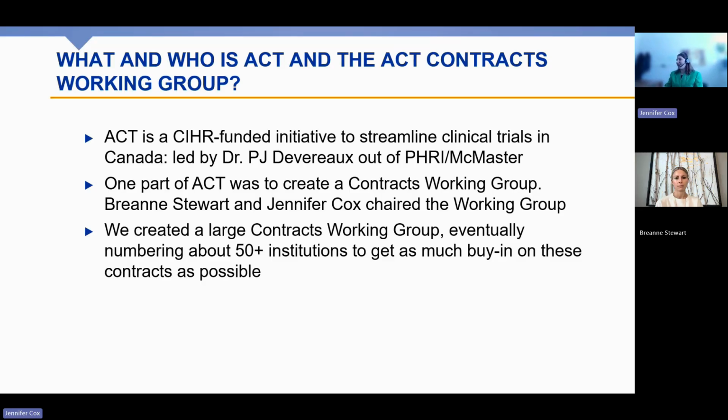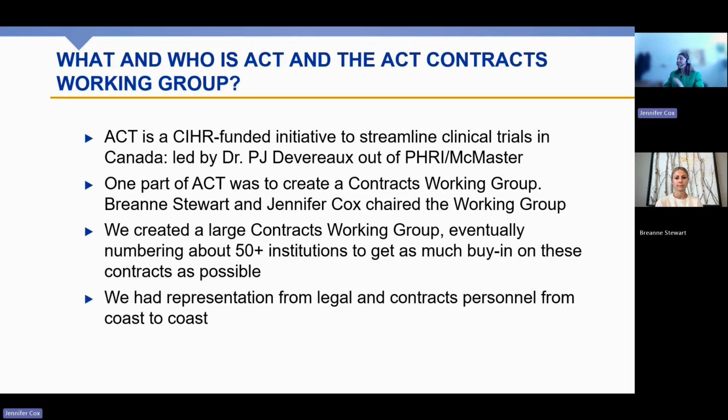So we wanted a lot of buy-in as early as possible. We had representation from the East Coast to the West Coast, not the North, unfortunately, but the whole breadth of Canada and the various legal realities that different entities across Canada face, whether they are health authorities or universities or hospitals or research institutes or whatever they are.